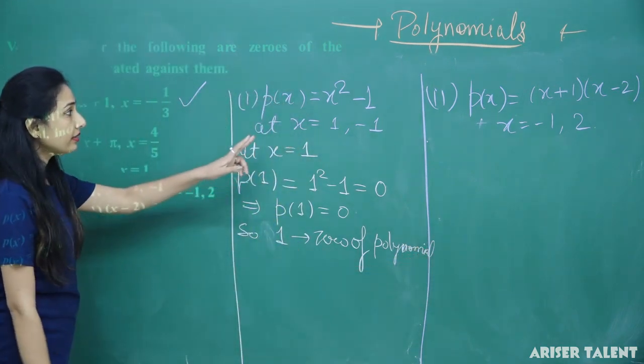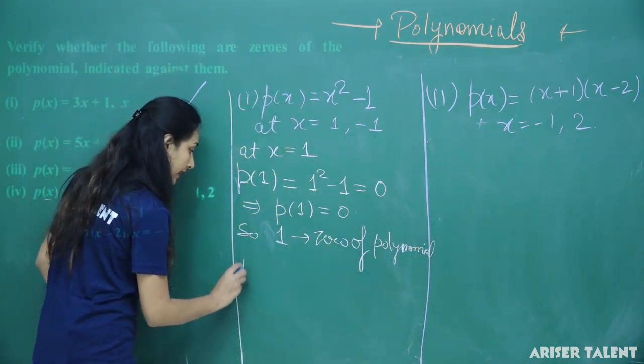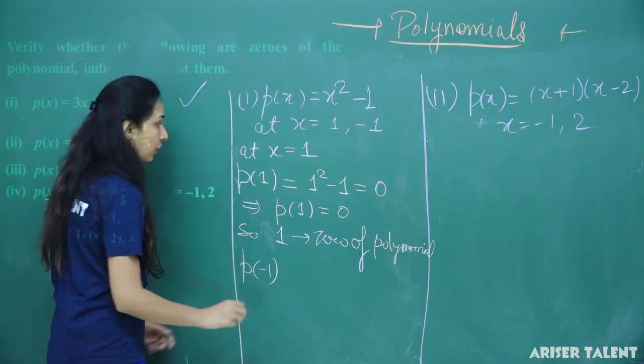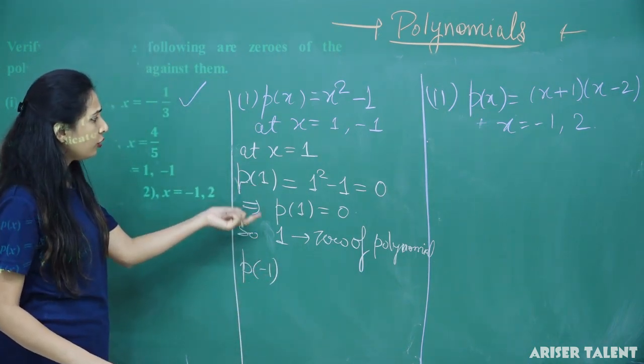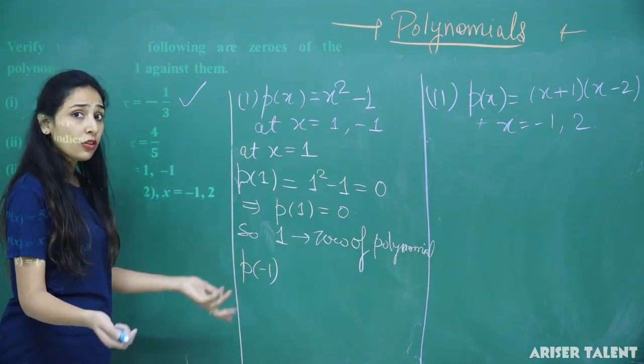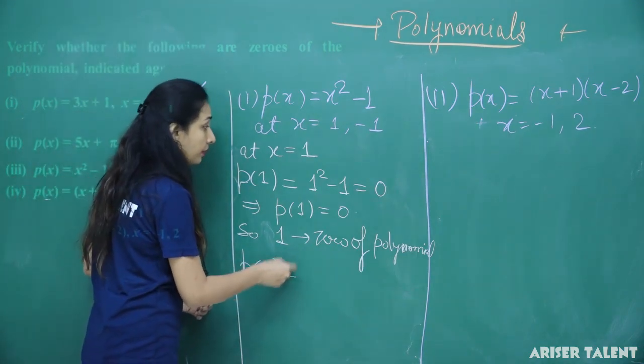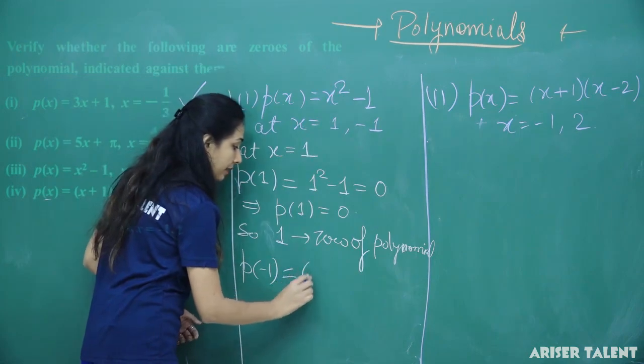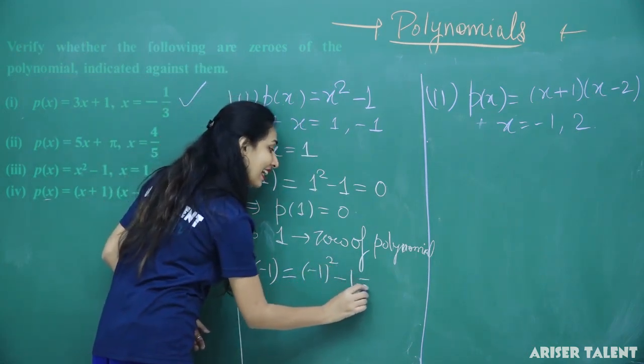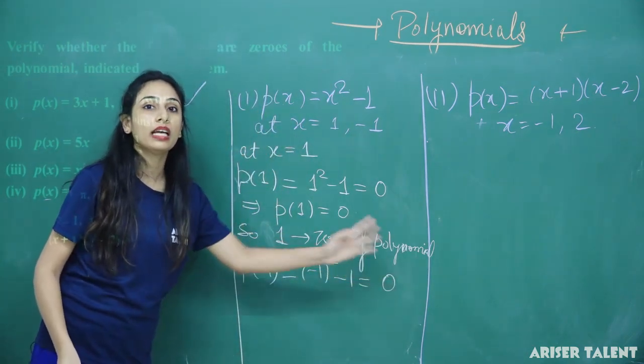Okay, now the next thing is minus 1. Now understand this, p(-1). Now you will say, ma'am, p(1) is a zero of the polynomial, so no need to put it, p(-1) will not be. Now have a look, minus 1 whole squared is 1, minus 1, again 0.